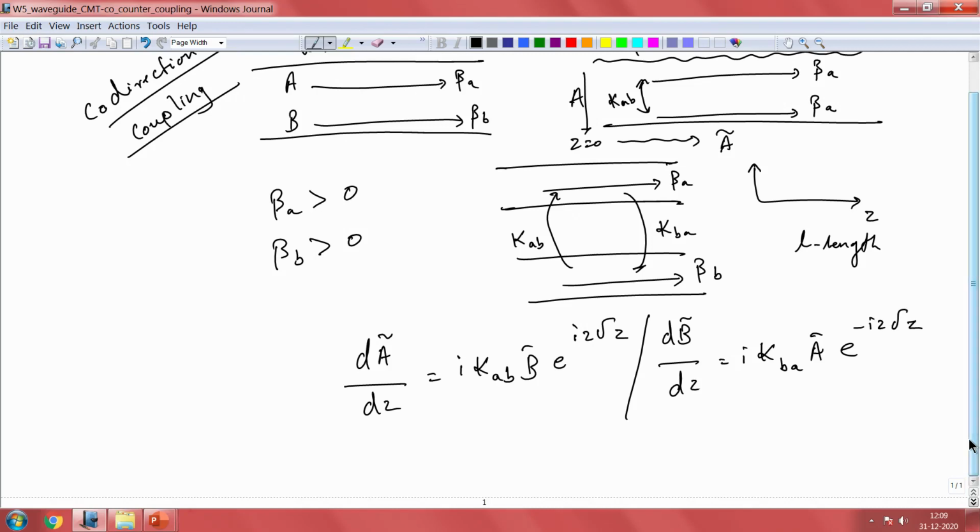So this is our coupled equation. A tilde is the profile of A as it moves along the z direction.